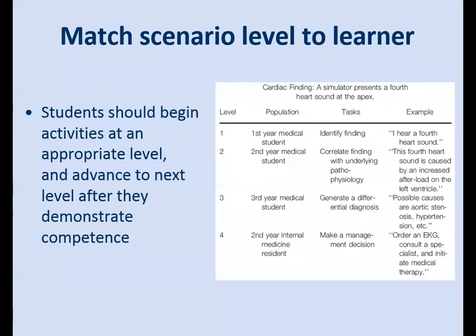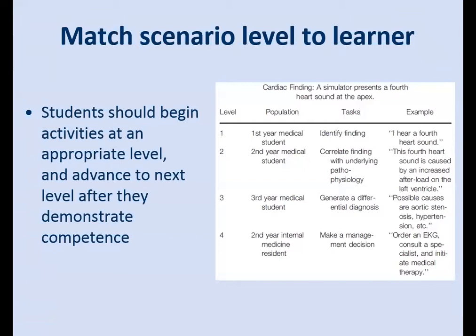Okay. So as we look at scenario level to learner, it's very important to match these with the appropriate learner level. If we look at this example, at level 1, the first-year medical student that we identified previously, their task is more identifying the sound. Can they hear the fourth heart sound?